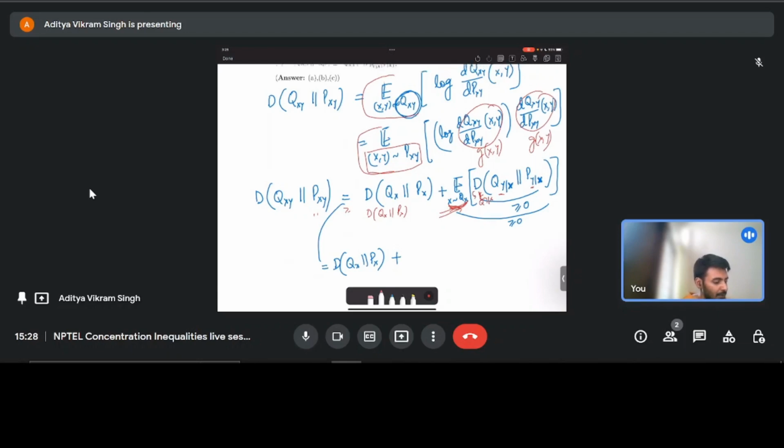I think this was also done in the lecture, but whatever. For (x, y), you can write it as an expectation over the complete joint distribution, of log of q(y|x) over p(y|x).